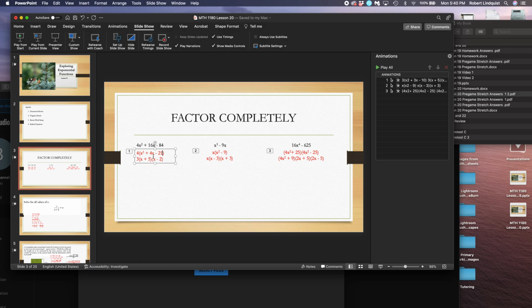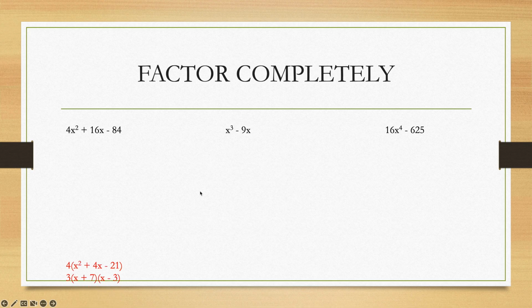As I peek ahead at the others, they seem to look good. So let's play from current slide. Okay, so here's the first one. That should be a 4 underneath there. I didn't change that. Let's fix it.